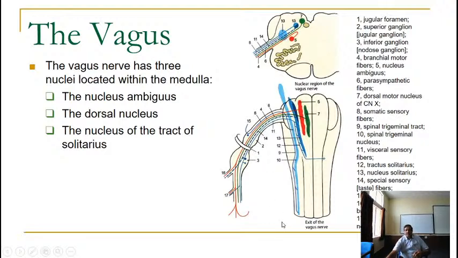Basically, you should understand that the nucleus is situated in the medulla oblongata. From there, these three nuclei, and how it travels intracranially, and then comes out through the jugular foramen. Before it comes out, there are branches that we will discuss, and then it comes into the neck.